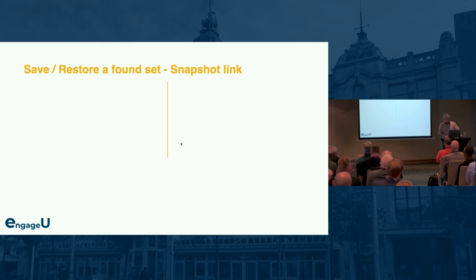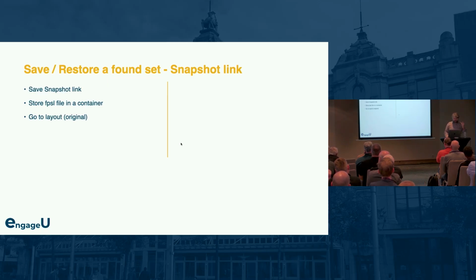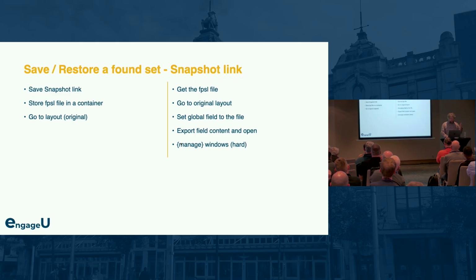Okay, snapshot links. I guess everyone knows the feature. I don't need to demo it. You just have a found set, sorted, anything. You should just save a snapshot link, store, for instance, the FPSL file in a container or on your desktop, whatever, and go back to the original.